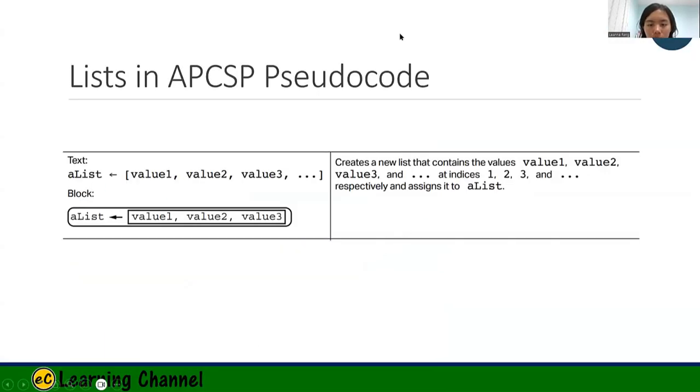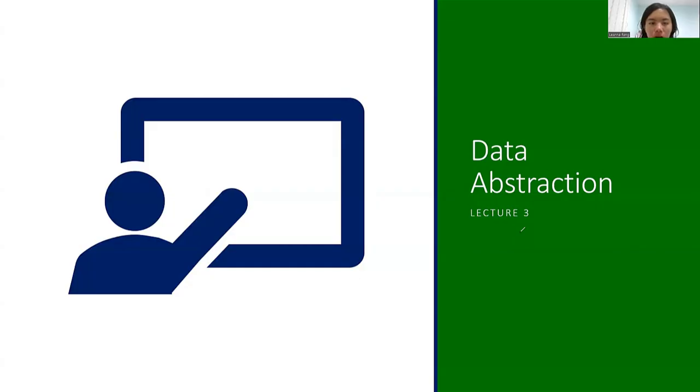Data abstraction. Number 1, what is abstraction? Making something not as complex, reducing the complexity of something.